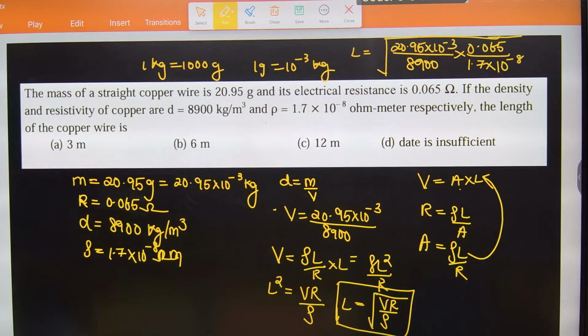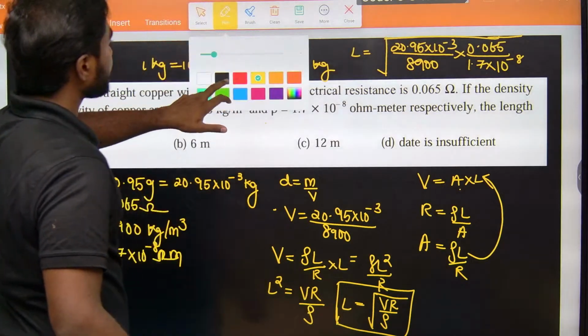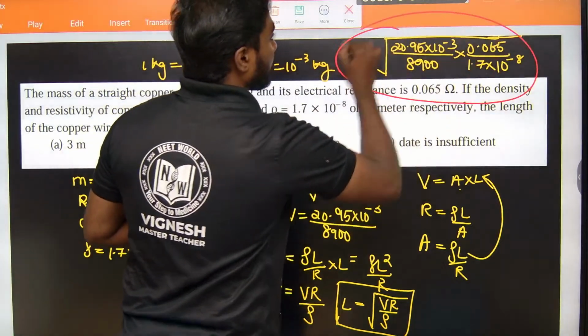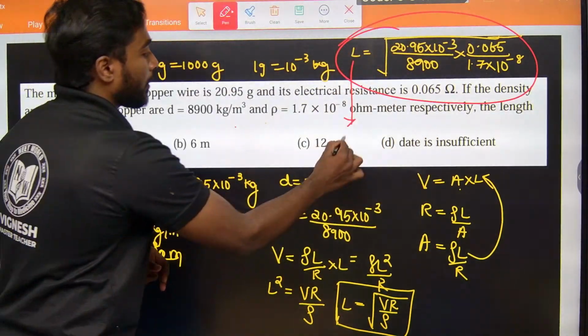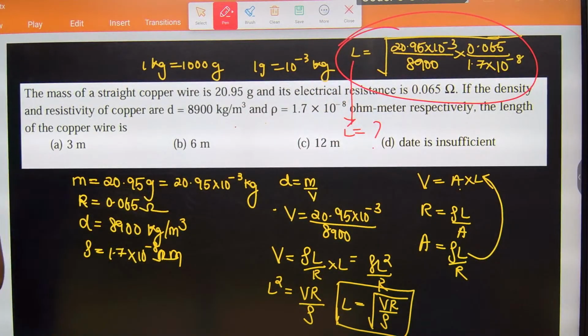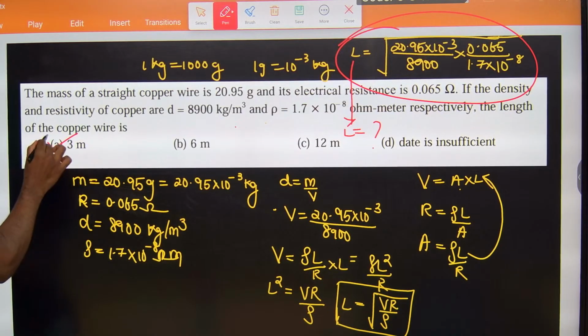Final answer, the length I need to get. L is equal to. Whoever is watching online, you can give the answer in the comment box. We'll check the answer. Yes, so the answer is approximately 3 meter.